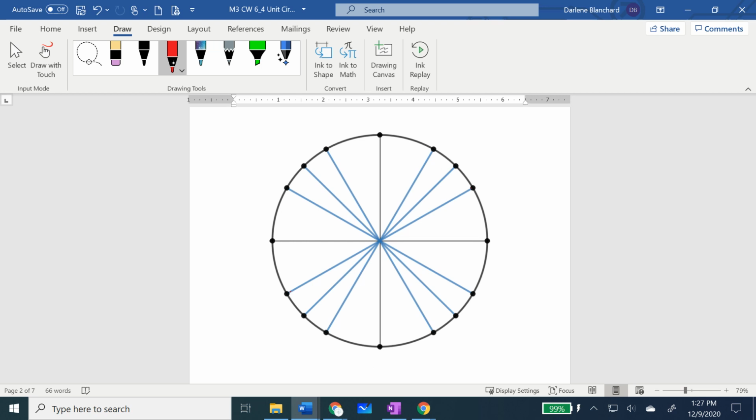We just saw that at 330 degrees, the tangent value is negative 1 over root 3. And that is the same if I think about the sine over cosine with 150.